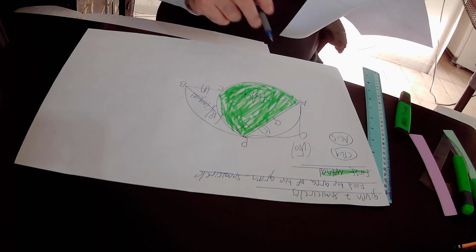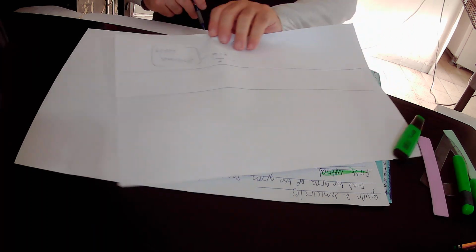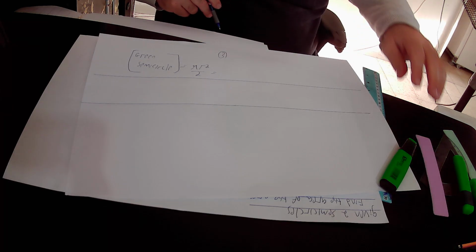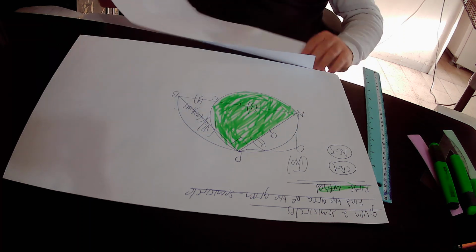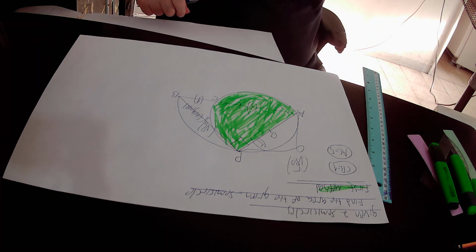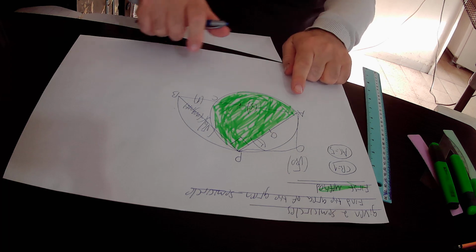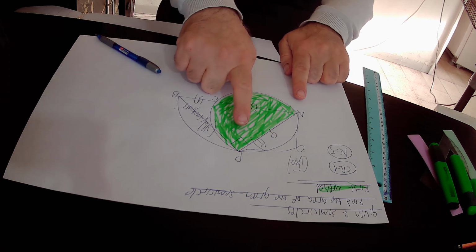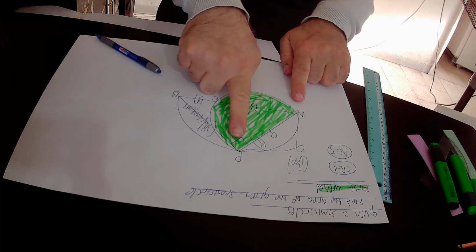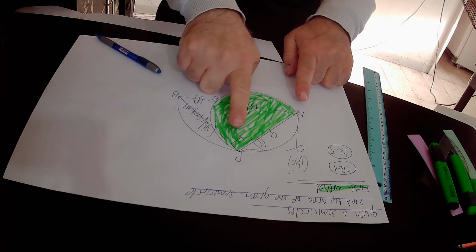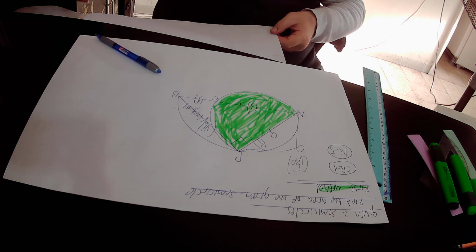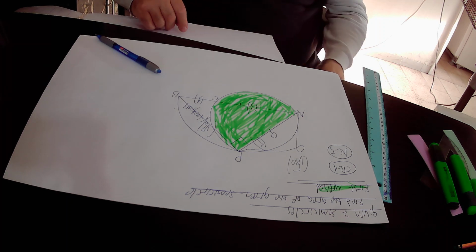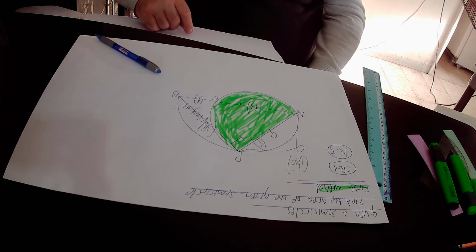Repeat again, the area of this green semicircle equals pi r squared over 2. We actually found out that the diameter AP of this green semicircle equals the square root of 30, and therefore the radius must be half of it.